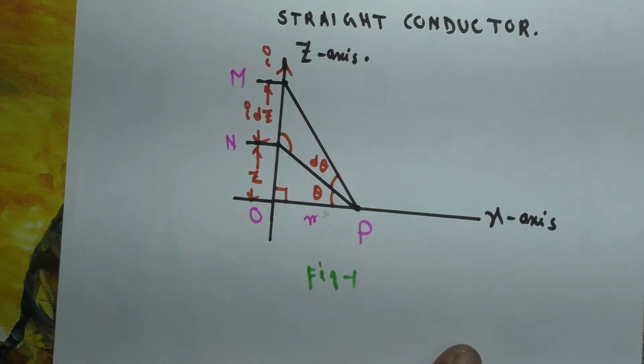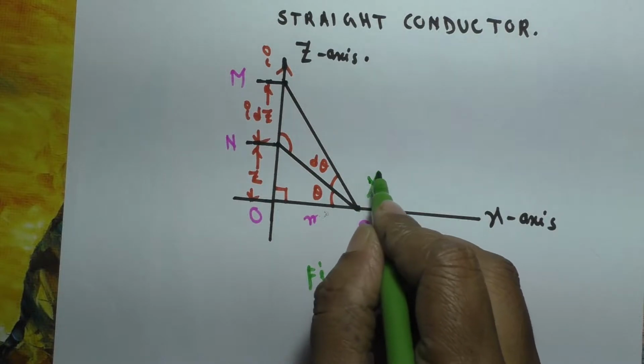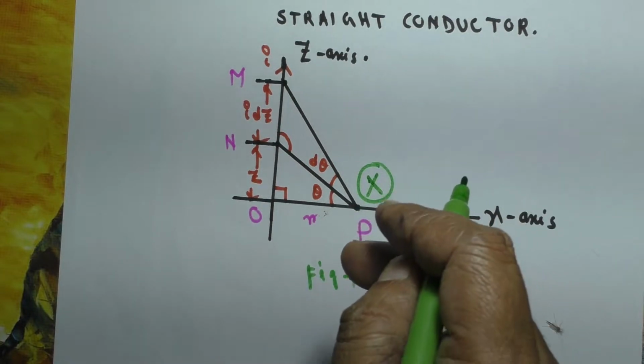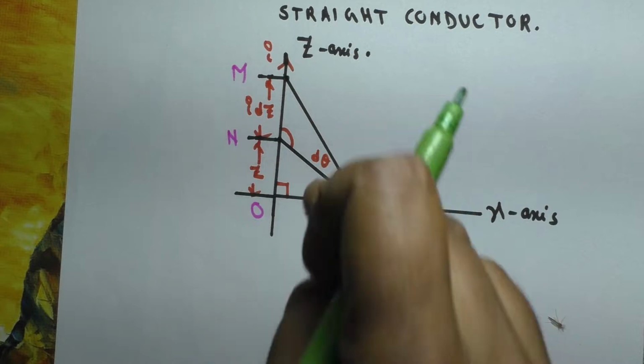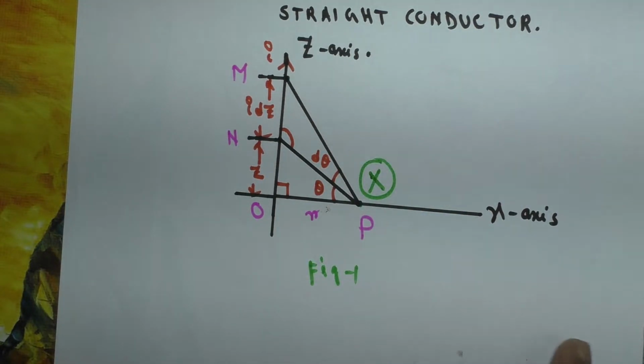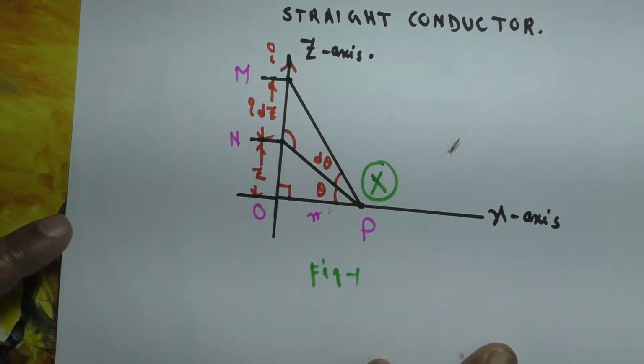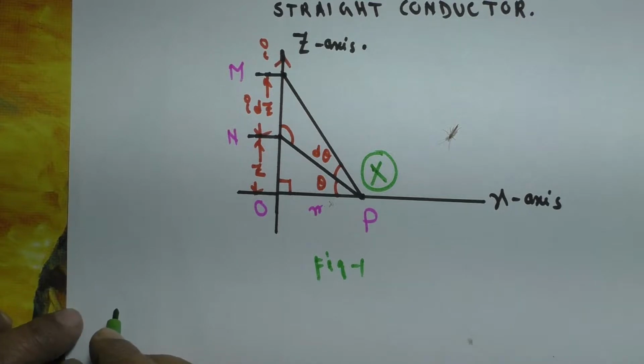So this is the diagram, and the direction of the magnetic field is perpendicular into the paper, so we use this sign, and in the previous video I discussed the sign. So let us see.